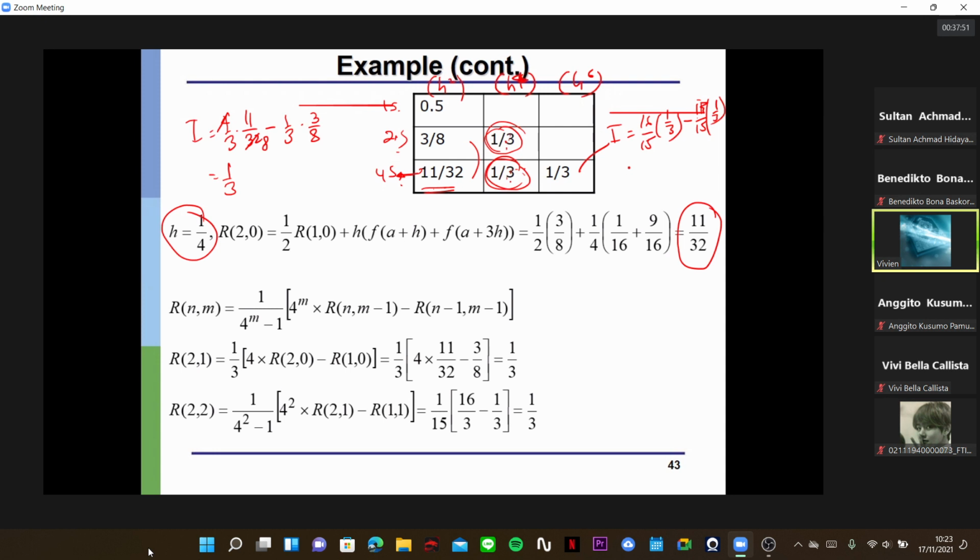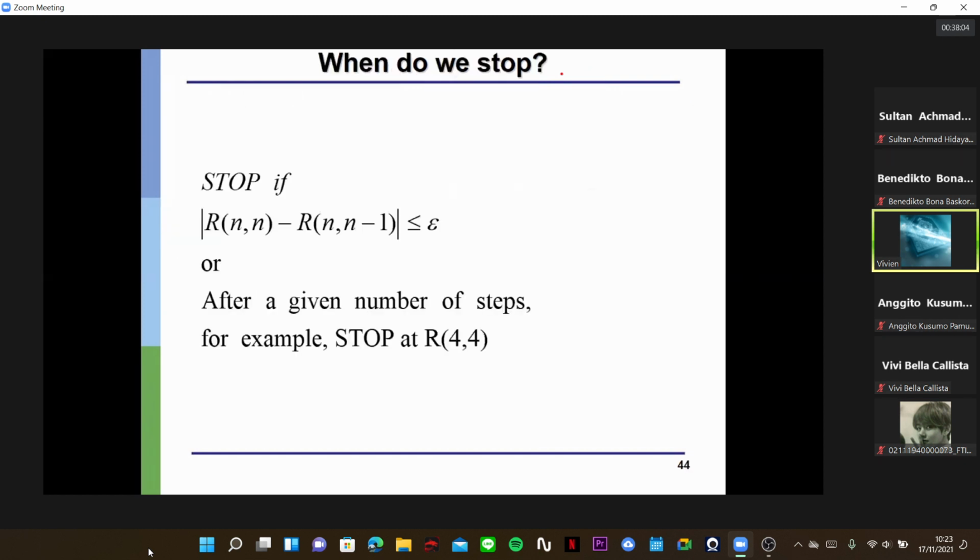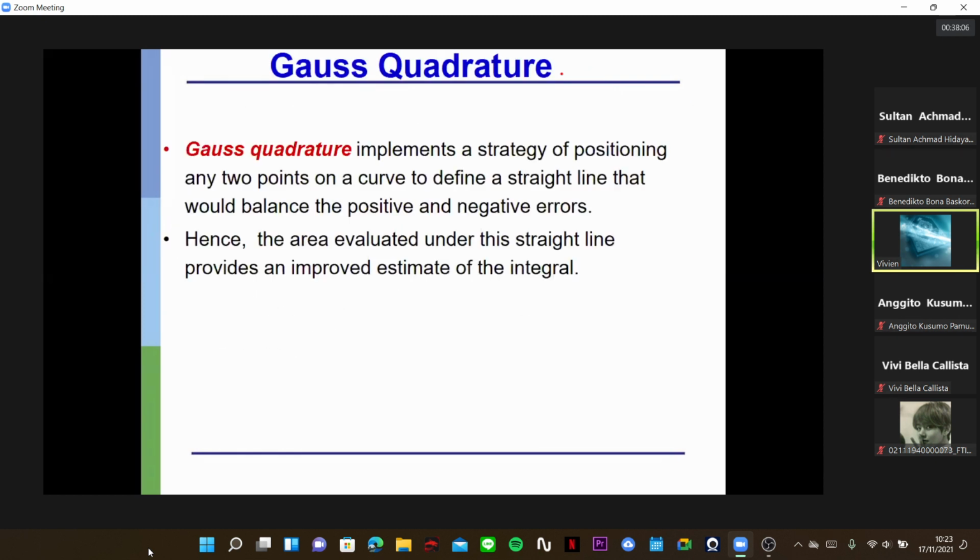So the value will be constant, 1/3. With this, we have the result for the 6th order accurate, or 6th order error. Okay, so this is the Romberg method. Any question?